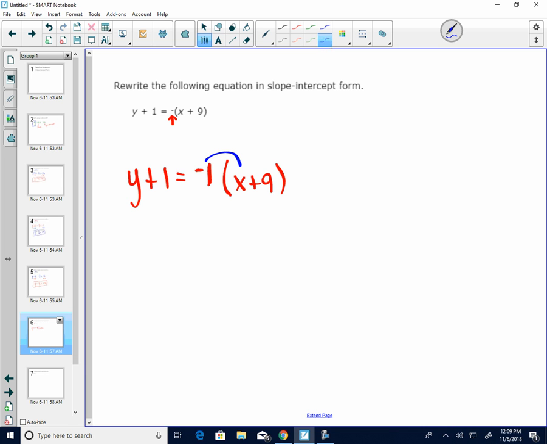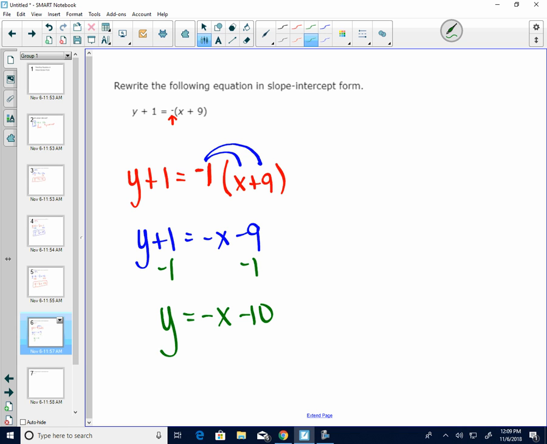So I'm distributing, or multiplying, everything by negative 1. Negative 1 times x is a negative x, and negative 1 times 9 is a negative 9. So now I can subtract the 1 from the left-hand side, and then subtract it from the right-hand side. So now y is by itself. I still have a negative x, and negative 9 minus 1 is negative 10.